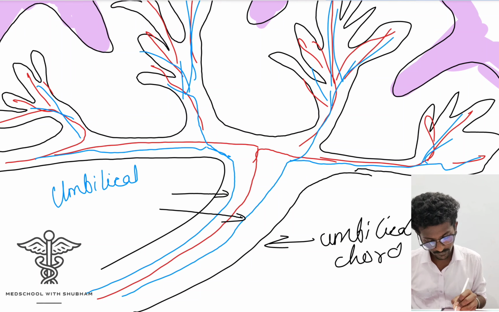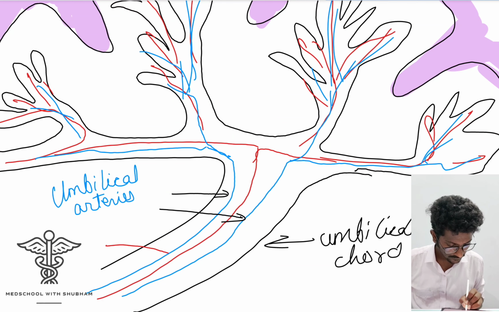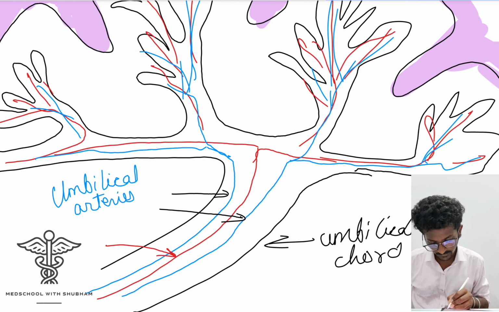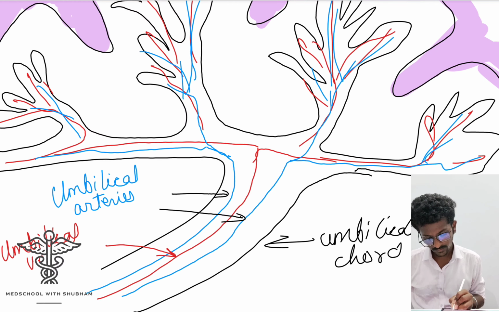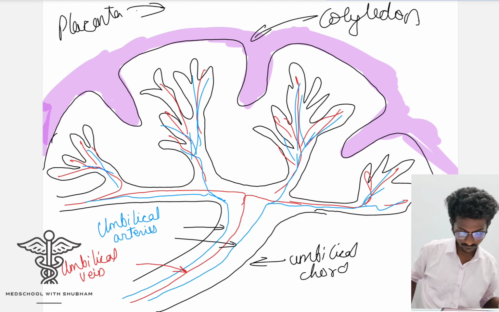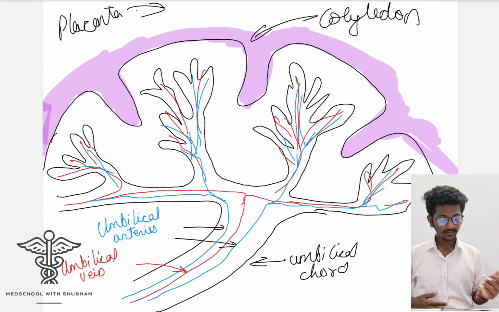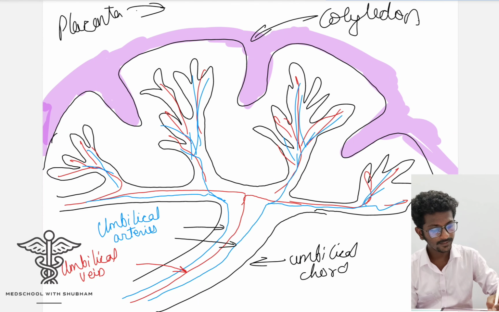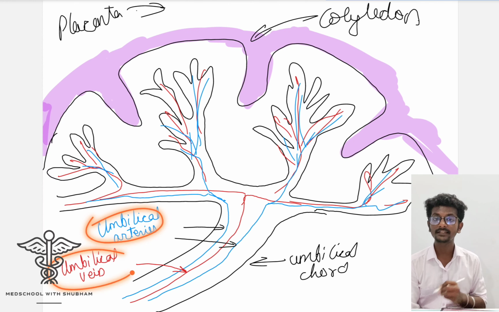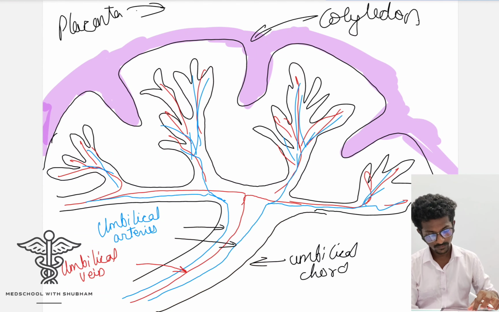And this red color one is the umbilical vein. So this is the umbilical artery, and this is the umbilical vein, and this entire thing is the umbilical cord.